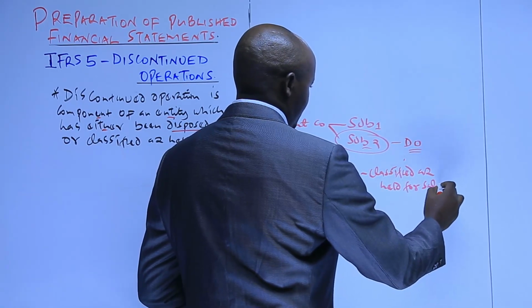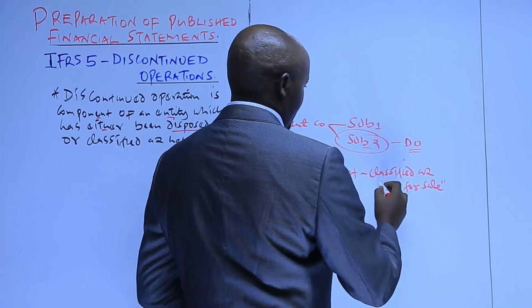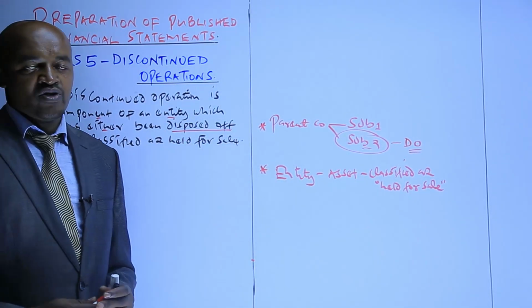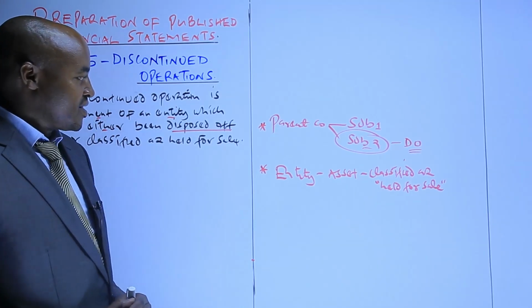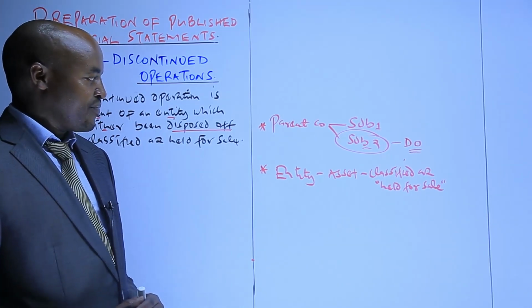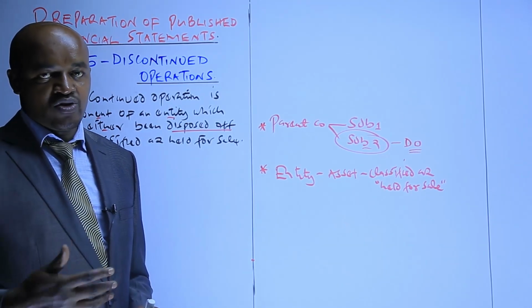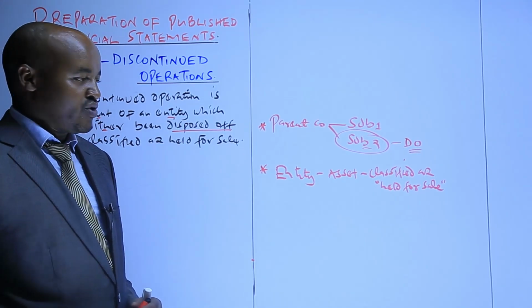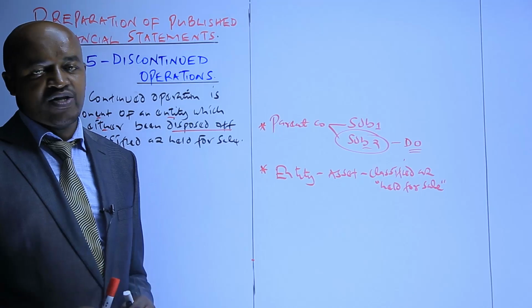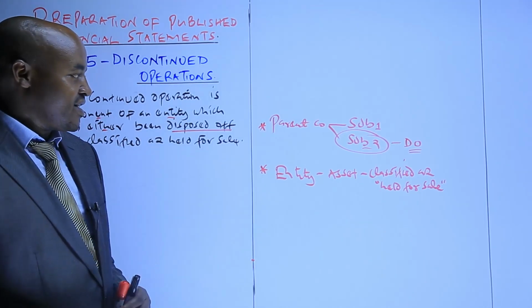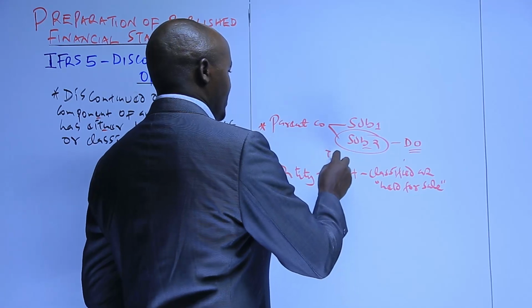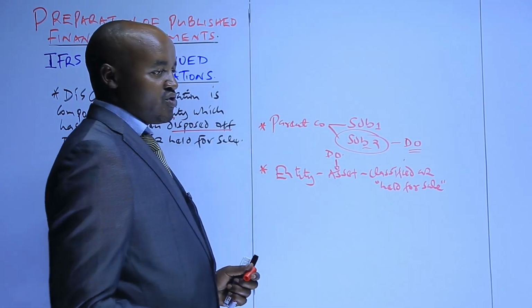When we talk about an asset being classified as held for sale, it means that a decision has been made by the management of the company that this particular asset will no longer be held by the organization to be used, but rather the organization intends to sell that asset. So if that is the case, then this asset also qualifies to be classified as a discontinued operation.